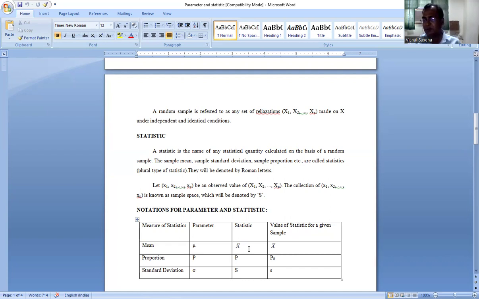It is the notation defined for the statistics in a sample. Proportion is written by p, small p for the sample statistic. The statistic notation for the standard deviation is capital S, while sigma is the notation for the parameter.